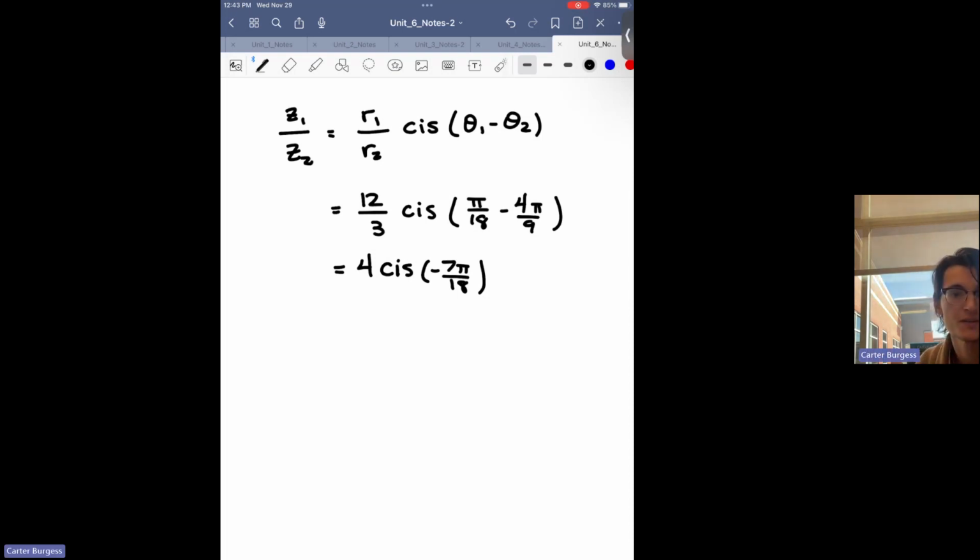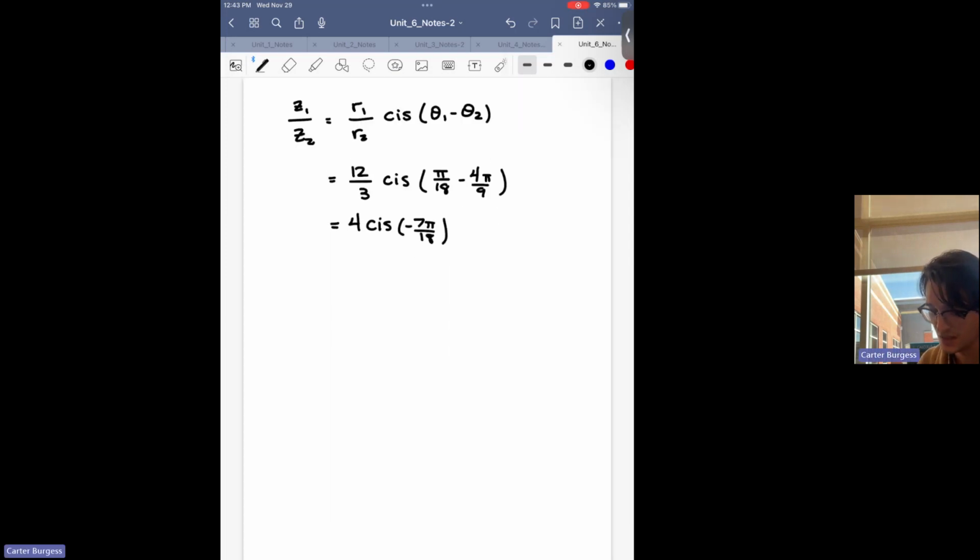All right. We're going to stop there for today. We'll look at some applications of this next. So what are we actually going to be using this kind of multiplication and division for, a nice consequence of it?